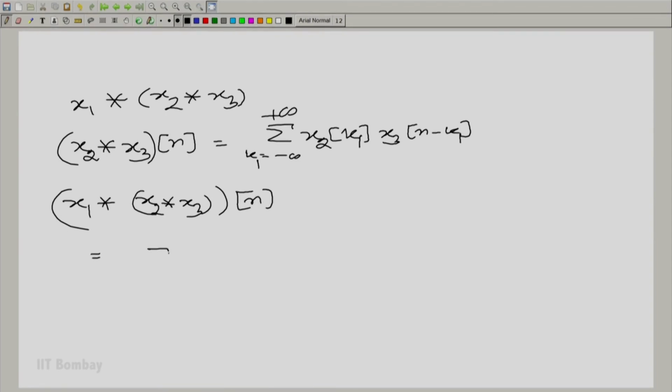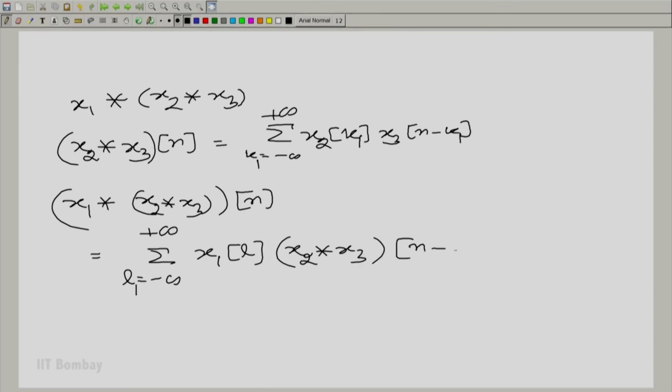Now, what we want to do is to calculate x1 convolved with this result at the point n. And that is going to be equal to summation L going from minus to plus infinity, or if you like L1 going from minus to plus infinity, x1 L1, x2 convolved with x3 evaluated at n minus L1, and we can expand this.